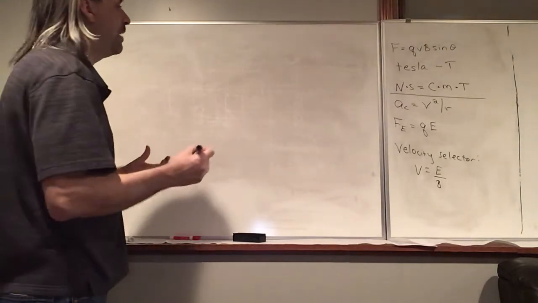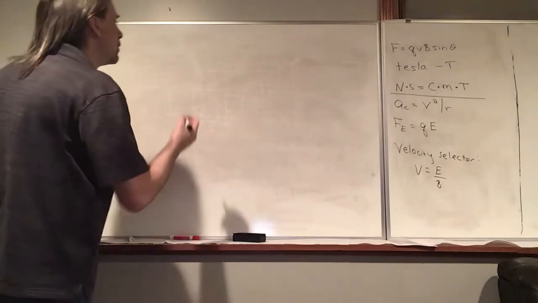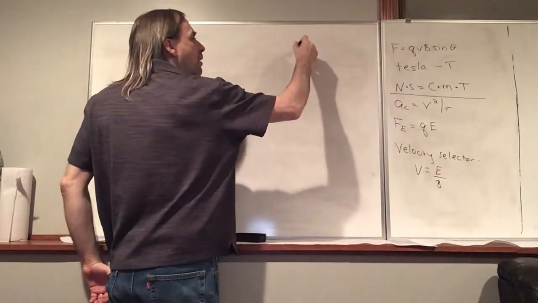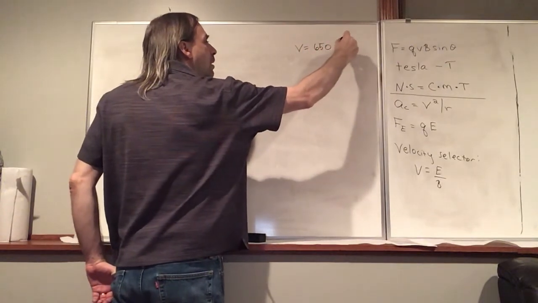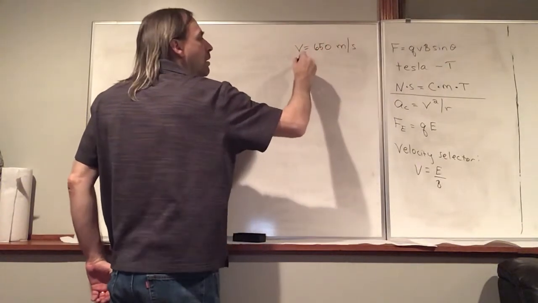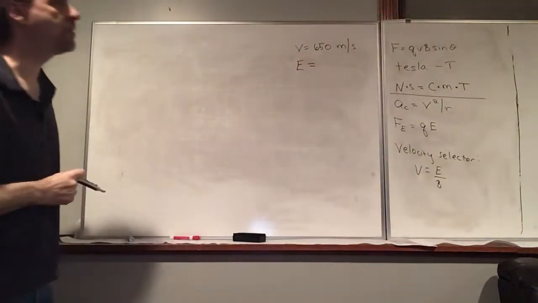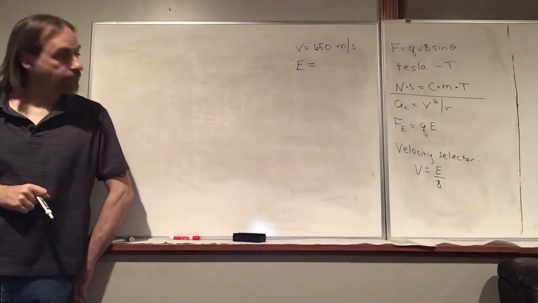And let's say we want to have a velocity selector where we want to allow particles to go through if they have a velocity of 650 meters per second, and that's it.